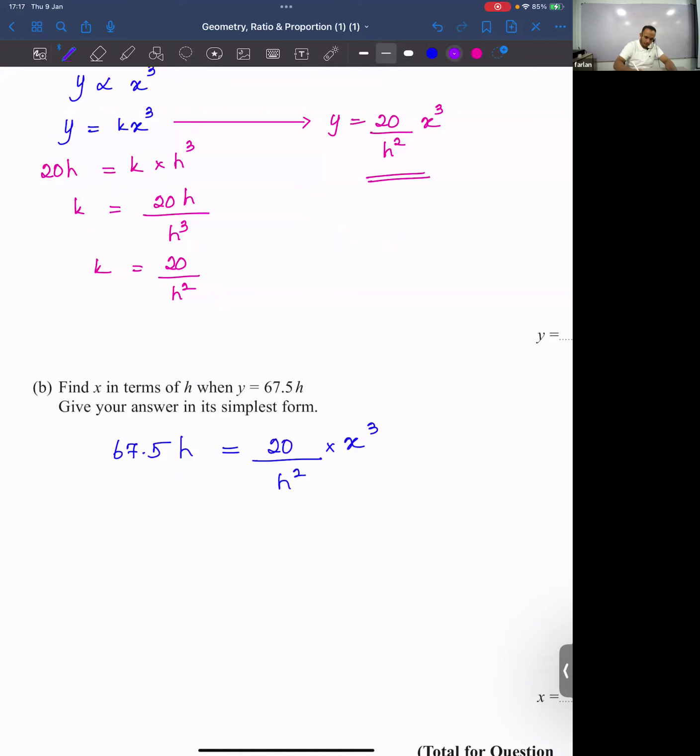Cross multiply. 67.5h multiplied with h square will make it 67.5 h cube. That is equal to 20x cube.